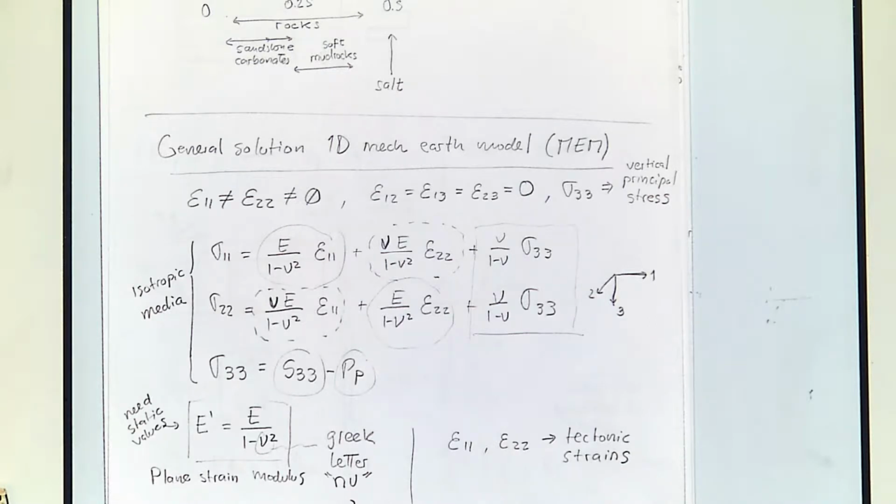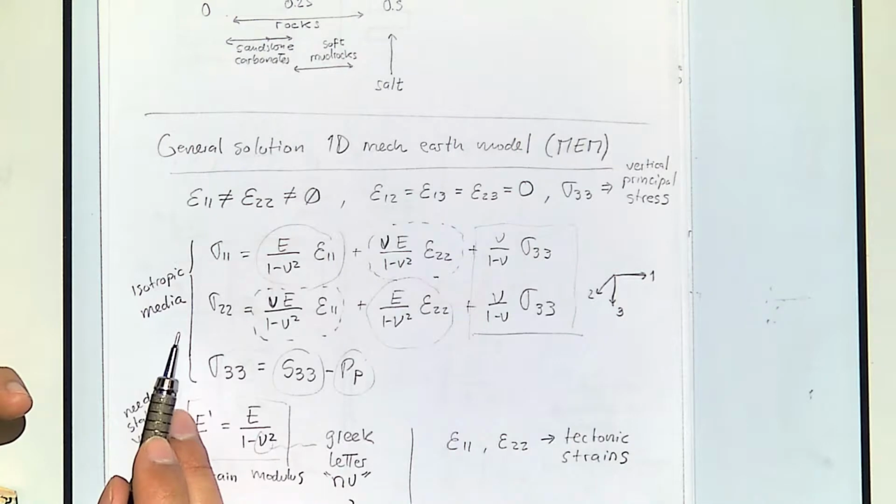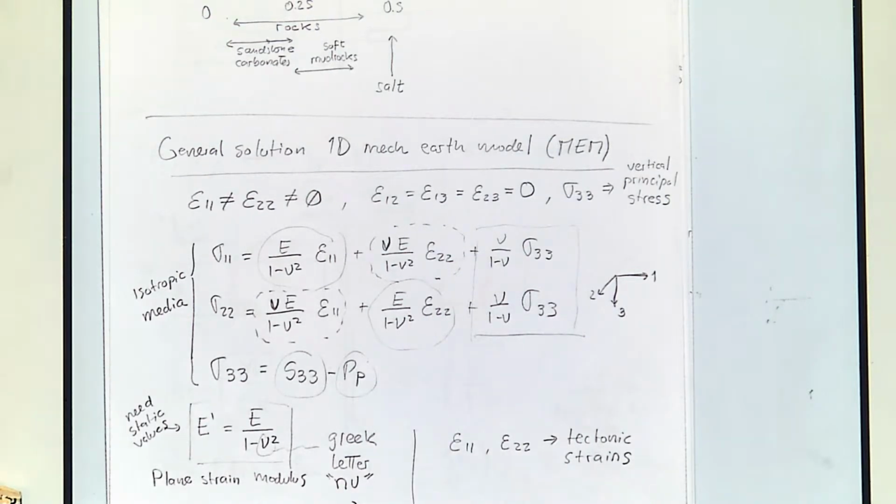So in order to get closer to the actual answer, you need to use something a little bit more refined, and that's going to be the anisotropic theory. So we're going to write the equations for anisotropic media, and it is exactly the same thing as with the isotropic media, but with an anisotropic matrix.